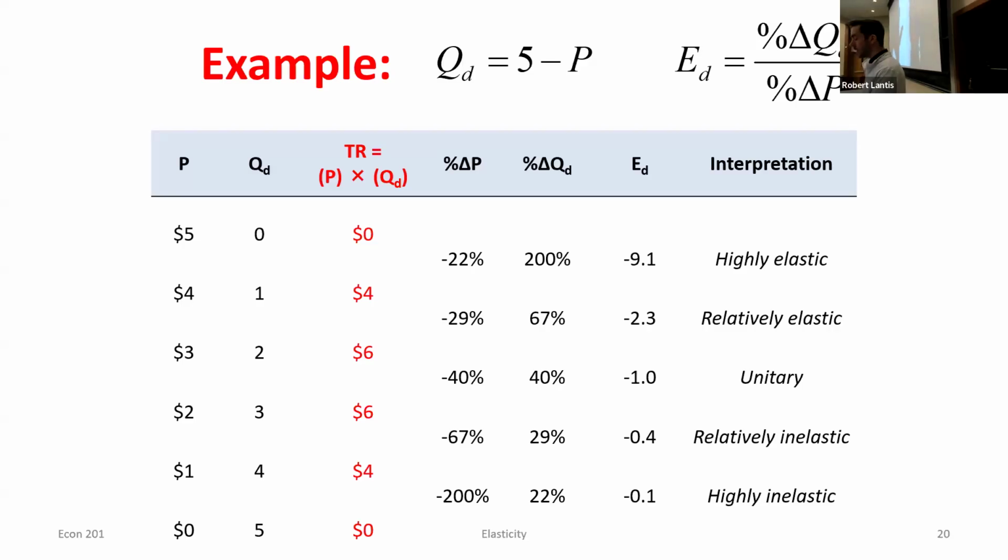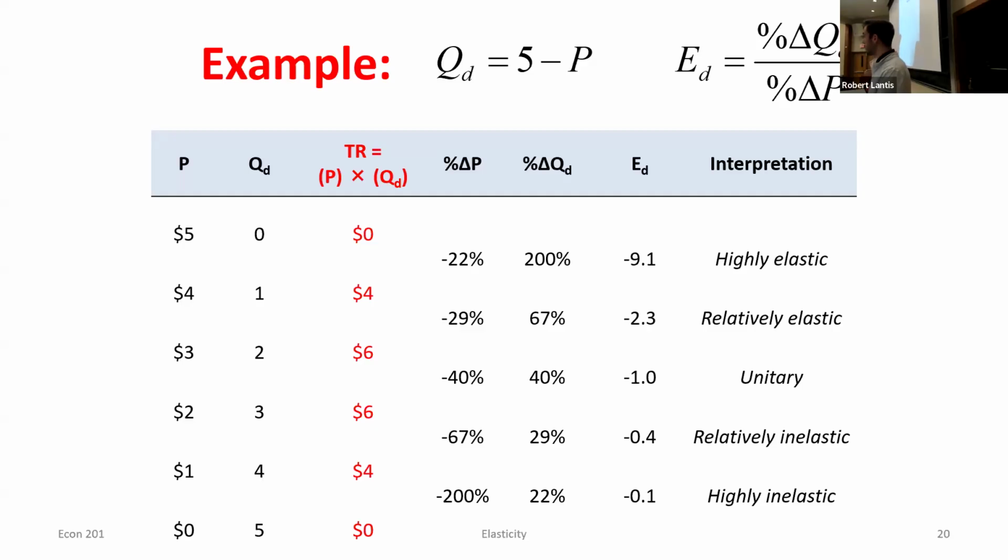So if that's the case, what has to be true about my percentage change in the quantity demanded relative to my percentage change in price? What's the only way this fraction is above 1? If the numerator is greater relative to the denominator. We know how to understand why a fraction is greater than 1. Okay?